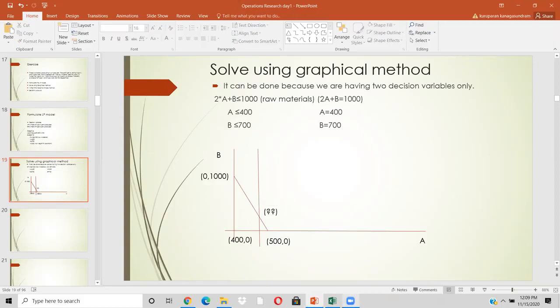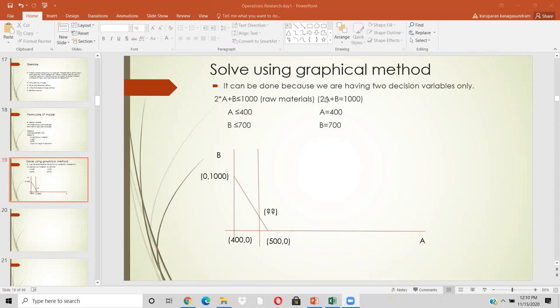In your O levels, how did you find the intersections? Yeah, by solving this line and this line. This line consists of A is equal to 400. See, here is 400, here is also 400, but B values will be changing. At this point, A is equal to 400.